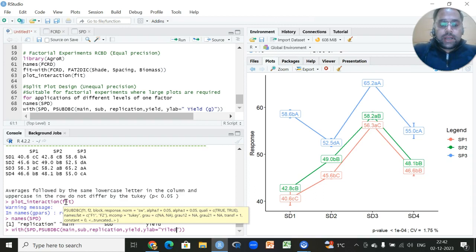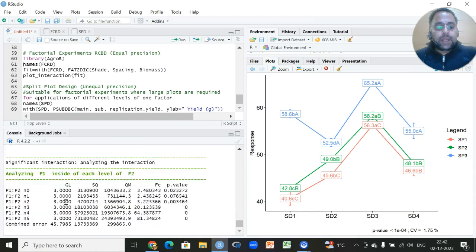Since the name of my response variable is yield, I will write it this way. This is a subjective approach. It depends upon what kind of target variable or study variable you have in your data set. Then we click enter.